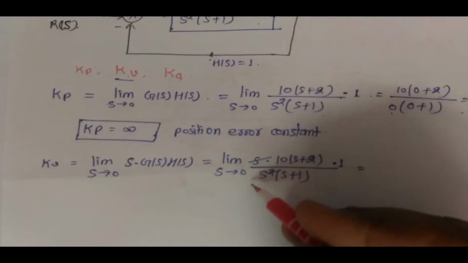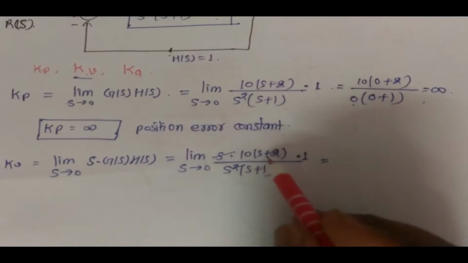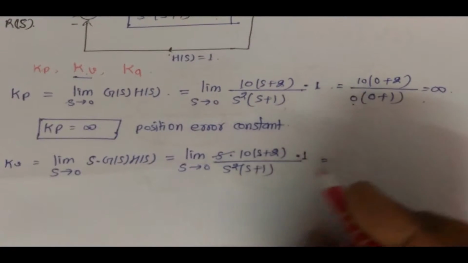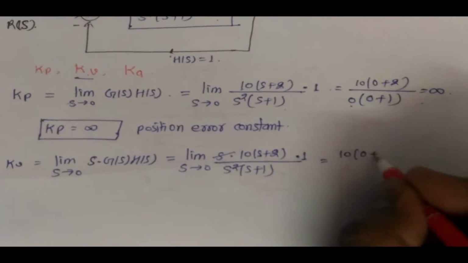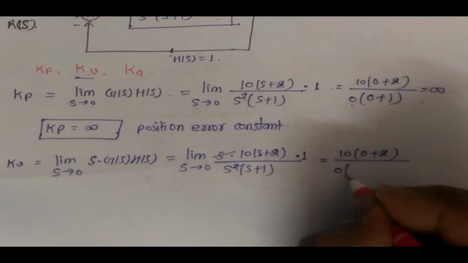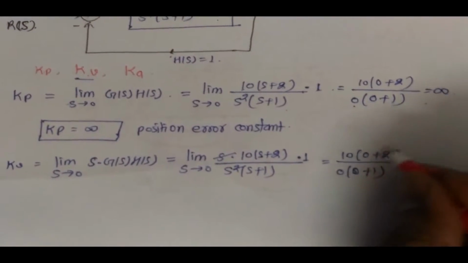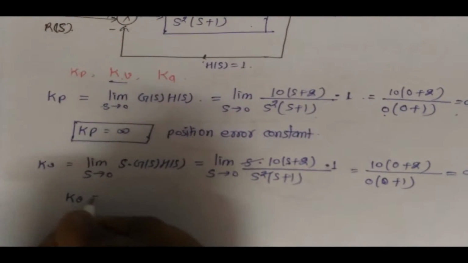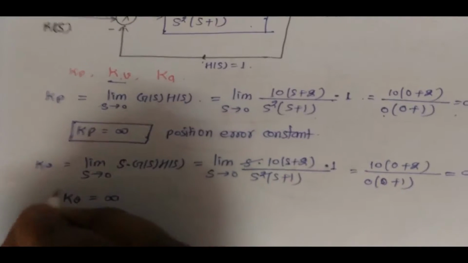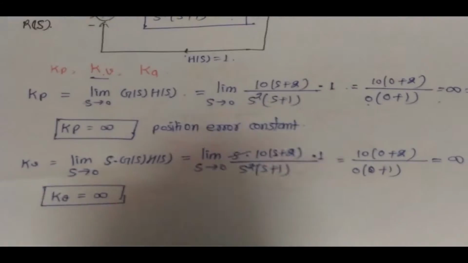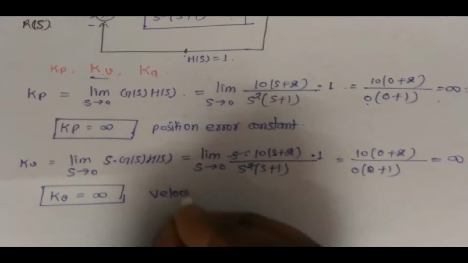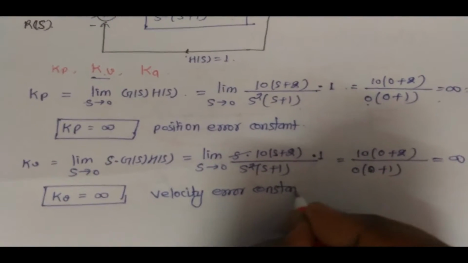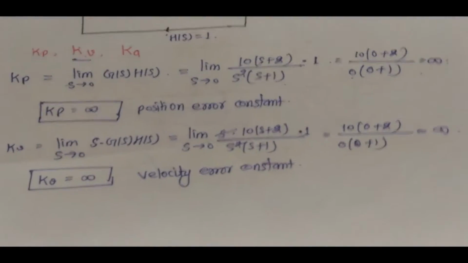If we solve the limit and put s equal to 0, this becomes something divided by 0, which is infinity, same as Kp. So Kv, the velocity error constant, is infinity for that system.